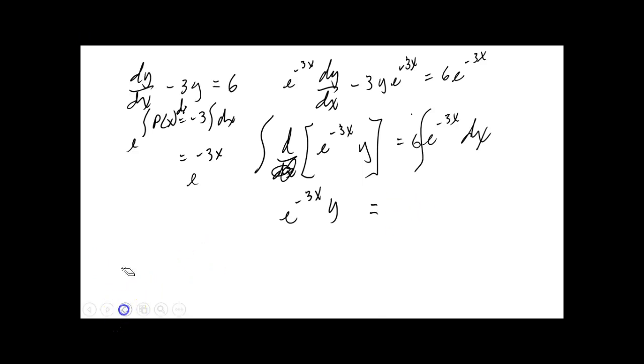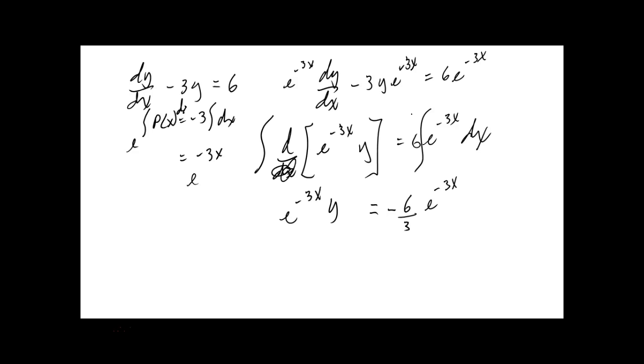Let's just do it a step at a time here. You got a 6 out front. And the antiderivative of e to the minus 3x would be e to the minus 3x. And now you unchain rule it, which is dividing by the negative 3. So that's where the minus came from, and you divide by 3, right?